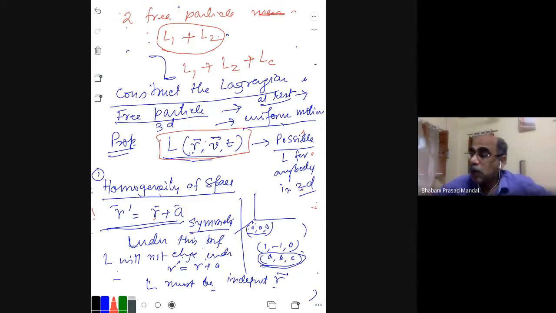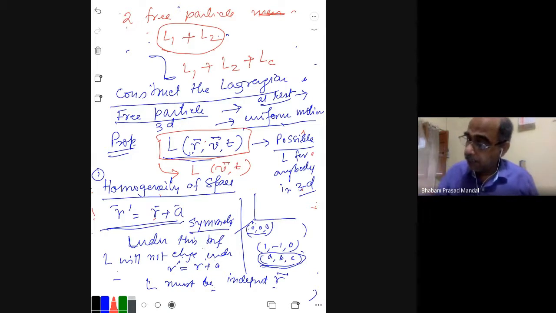Then I argued that for a free particle space is homogeneous, so the Lagrangian should not depend on r. So now, with the first property of this system, I found that the Lagrangian will be a function of v and t for a free particle. Now we'll discuss another property.